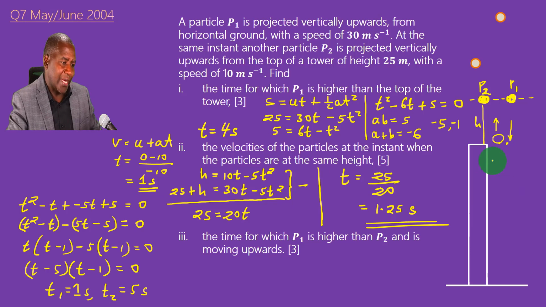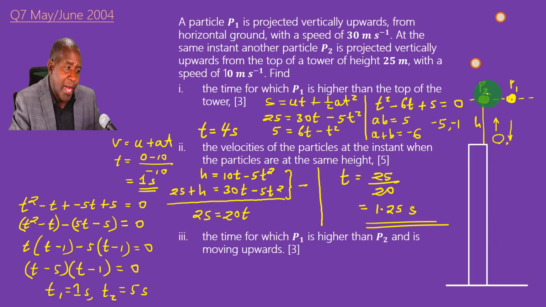So if I do an analysis, when P1 has reached this point on its way upwards, then P2 has already reached its maximum height and it's on its way downwards. So when they meet here, P1 is on its way upwards and P2 is on its way downwards.